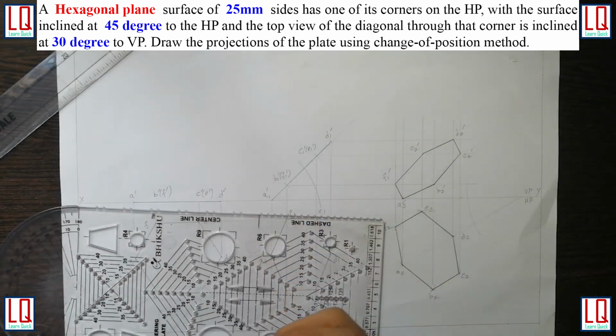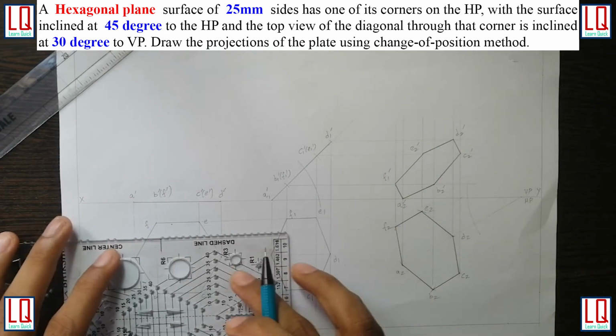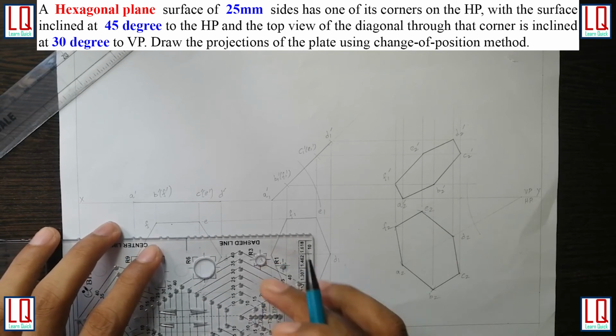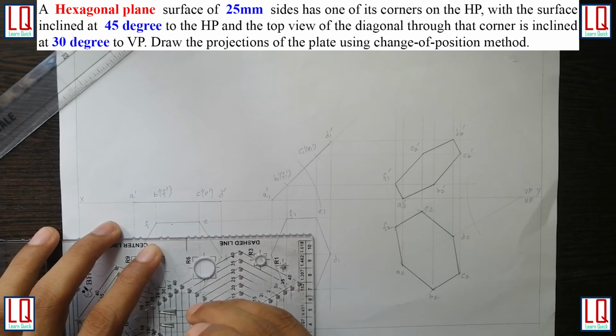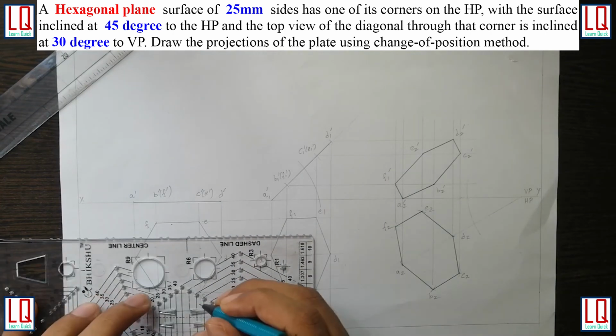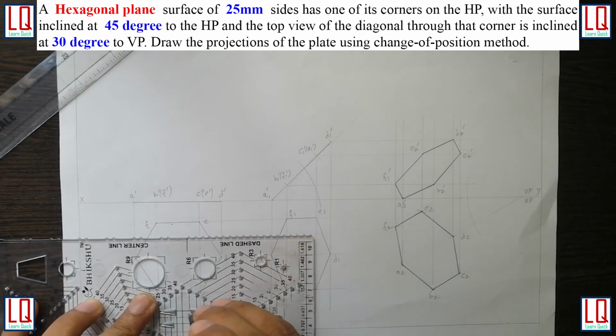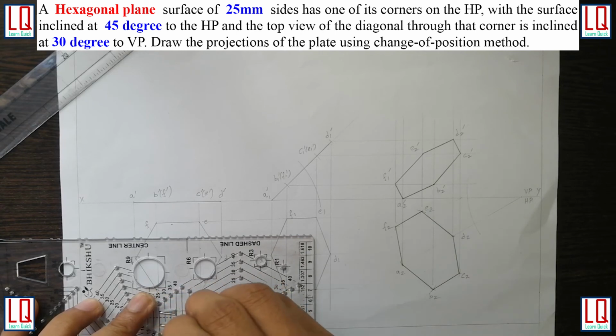Now I draw the arrowheads with the help of my engineering template. If you want to draw these arrowheads manually, you can do it, making sure the arrowheads are in the ratio of 1:3.